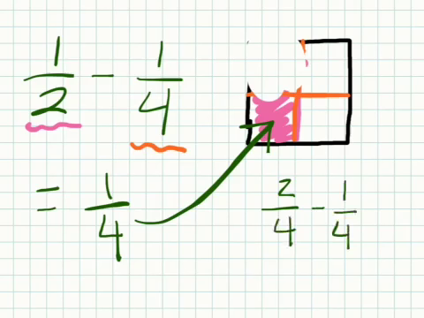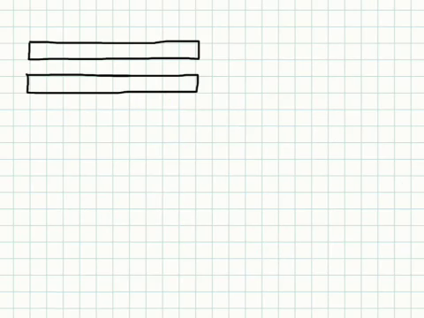You had two of them, you took away one, and you have one left. And that's fourth grade fractions right there, adding and subtracting with fractions that have common denominators. The only difference that you did today is you turned the 1/2 into 2/4 so that you could take away the 1/4.